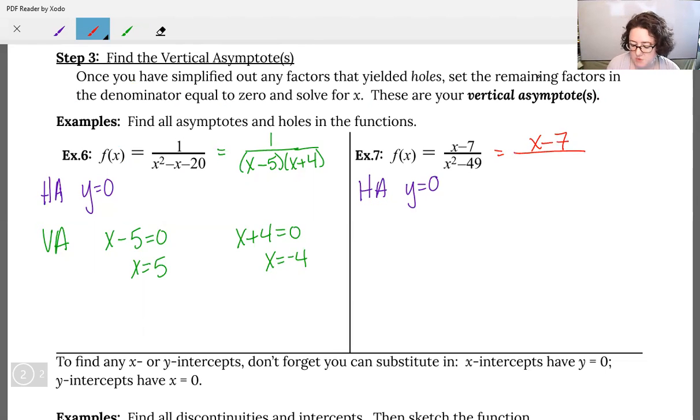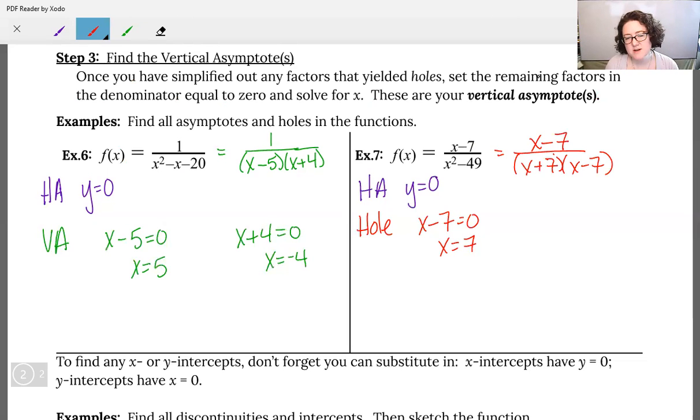The denominator is another difference of squares, so we have x plus 9, x plus 7 and x minus 7. And there's our matching factor with the x minus 7. So that means we're going to have a hole at x minus 7 equals 0. Solve that for x.